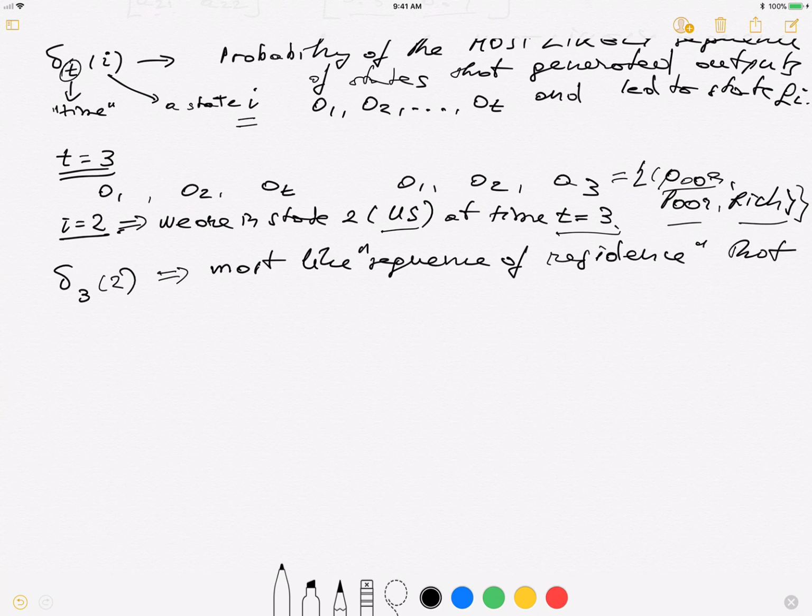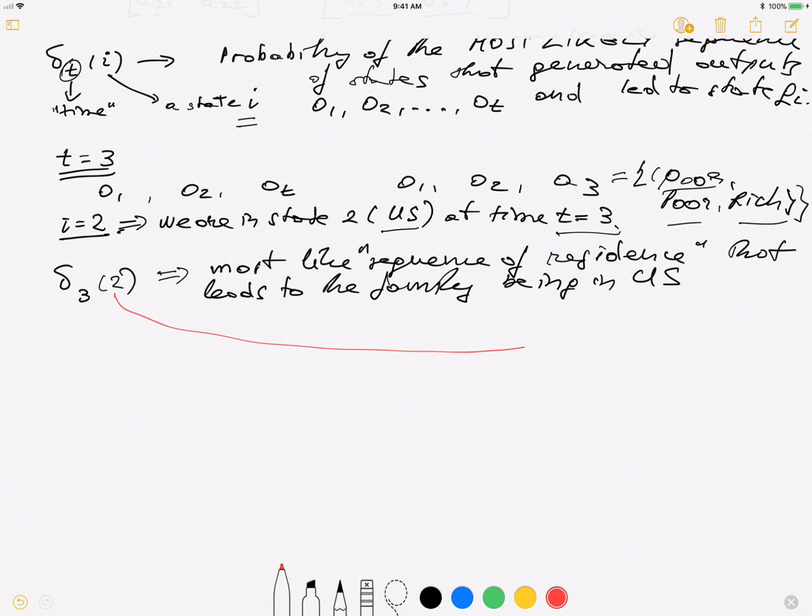That leads to the family being in US. US corresponds to the state 2 at time 3. This index obviously corresponds to the time.